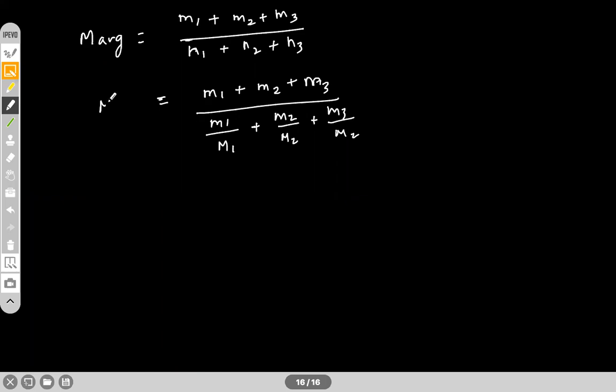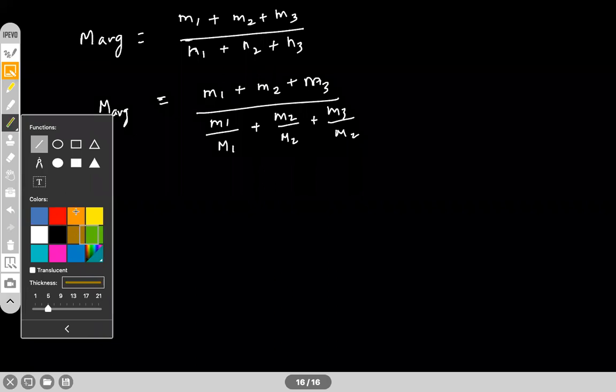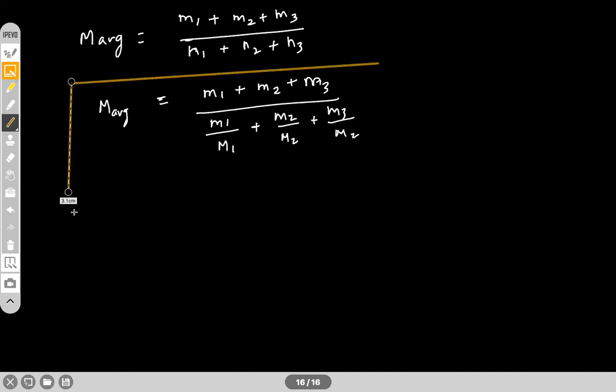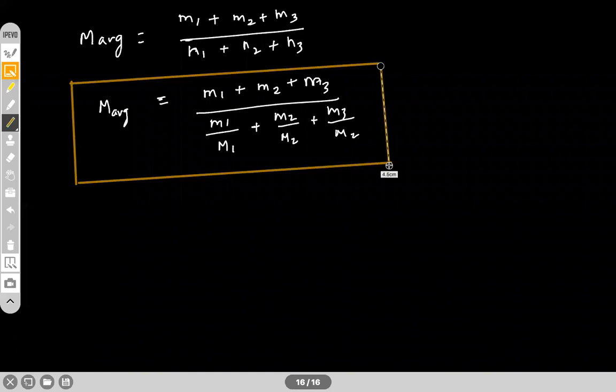This is the formula of M average. Okay. Understood? Finished?